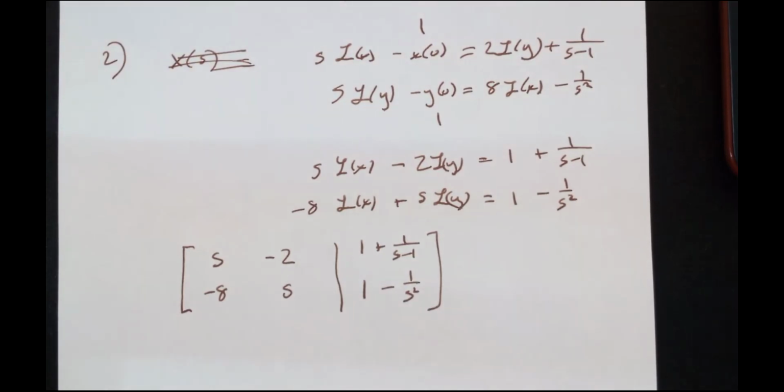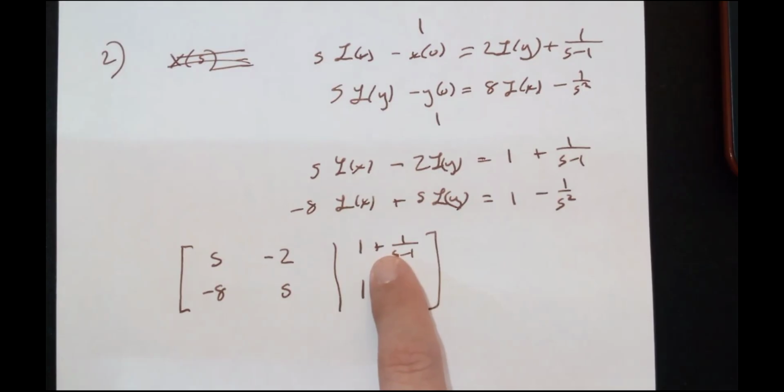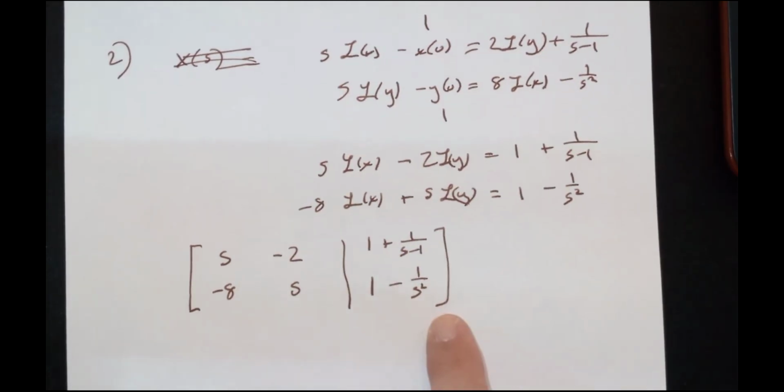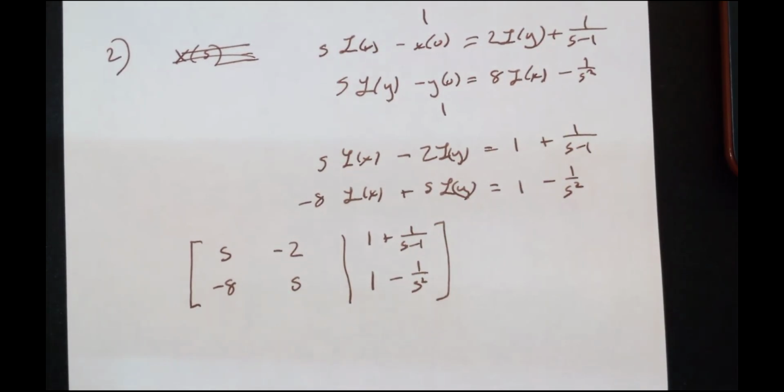Cramer's rule does the same thing our Wronskian does. But all I could do is take the reduced row echelon form of this. And if I get that, then I'll have L of X equals whatever ends up on this side, and L of Y equals whatever ends up on this side. But there's going to be some more 1 over S's, and some division by S and some weird multiple. So it's going to be a bunch of algebra between here and there. But yes, I get a determinant.